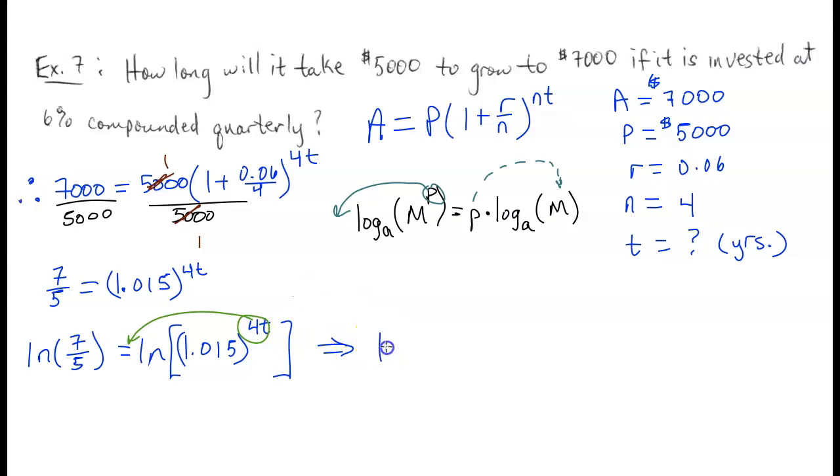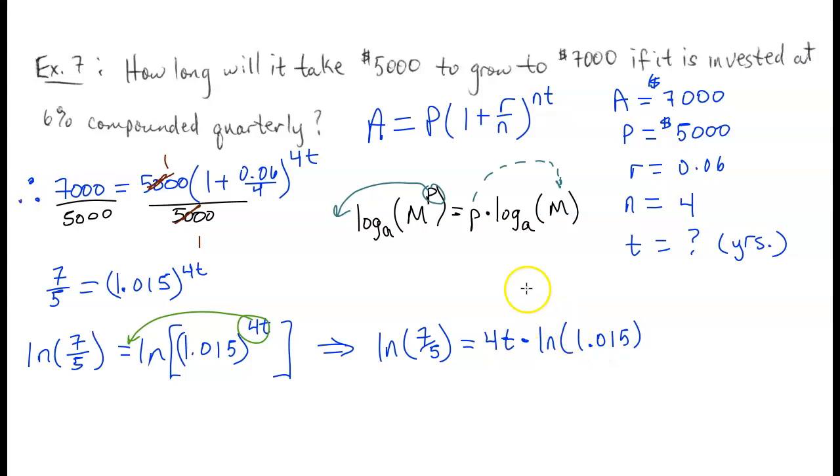All right, so we have natural log of 7/5 is equal to 4t times natural log of 1.015. Here at this point, notice that I have a 4 times a t times an ugly looking number, natural log of 1.015, okay?